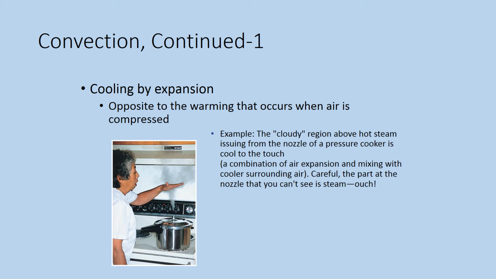And as you can see in this example, that cooling effect is very noticeable because the steam that is coming out of the cooker at 212 degrees, which is too hot to touch, is not too hot to touch when placed at a distance of several inches above the orifice of the pot. And so this convection cooling can be seen in this case as well.